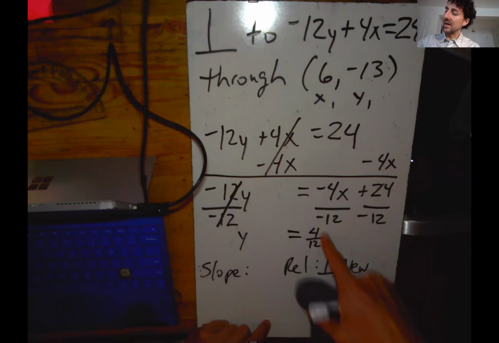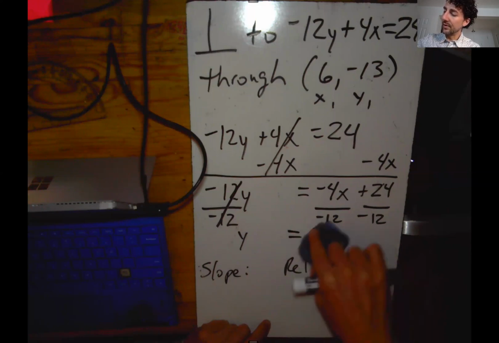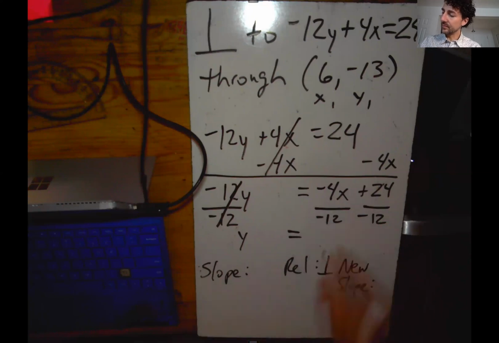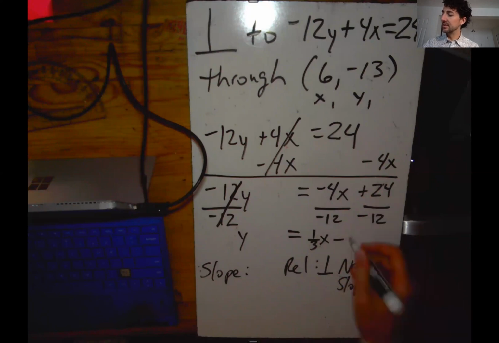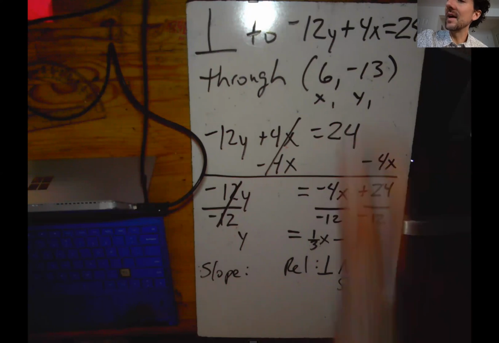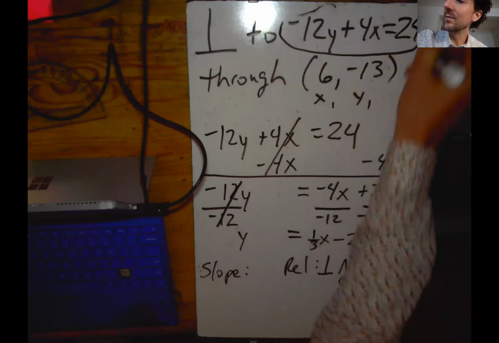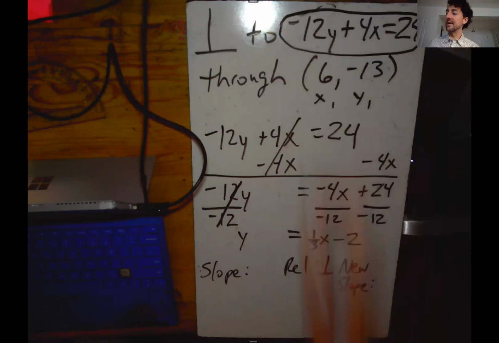Both of these divide by 4, and when you divide top and bottom by 4, you get 1/3 x. Then positive 24 divided by negative 12 is negative 2. So now I know that this line that they gave me at the beginning was really just a weird way of writing the equation of the line y equals 1/3 x minus 2.